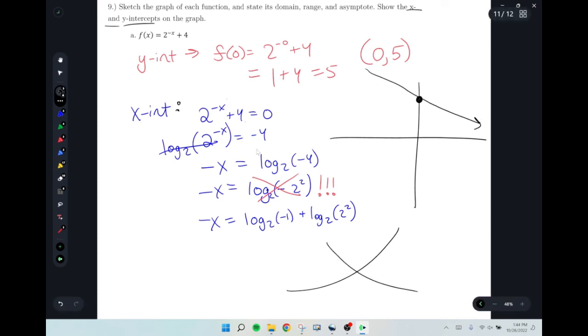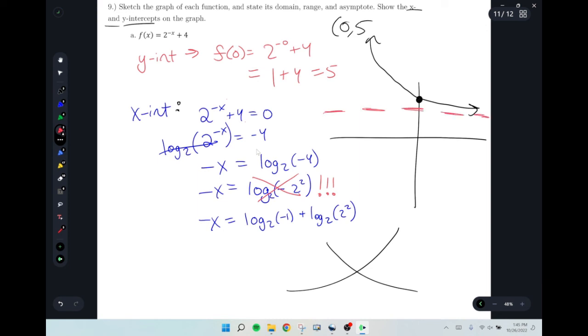It's decay, right? So it's going to look like that. Does it ever go negative is the question. And is there an asymptote?